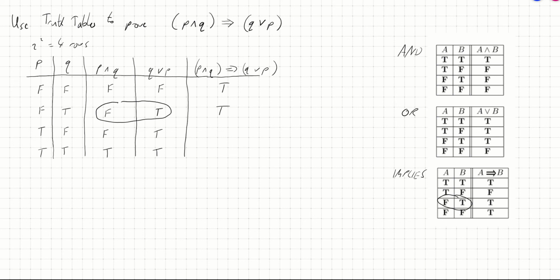Same again, FT implies T, and then in a different color we can look at the last row, TT.